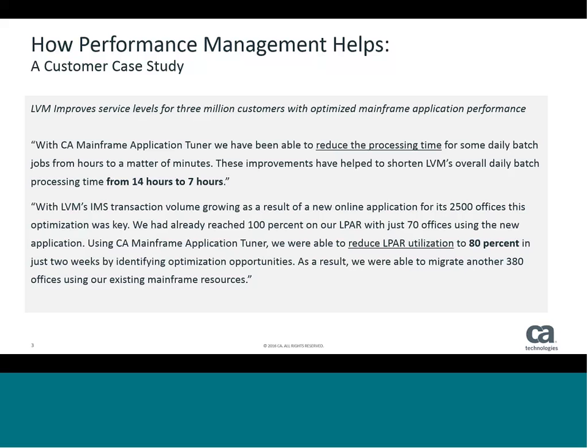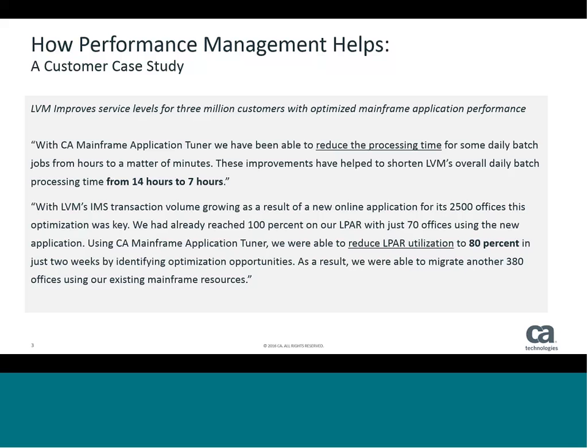They had an enormous batch window of over 14 hours. They put MAT on that, and a couple of performance opportunities were clearly identified. As a result, they were able to get that down pretty quickly from 14 hours down to 7 hours. That was obviously a 50% improvement in the batch window, ensuring their online availability in the morning.